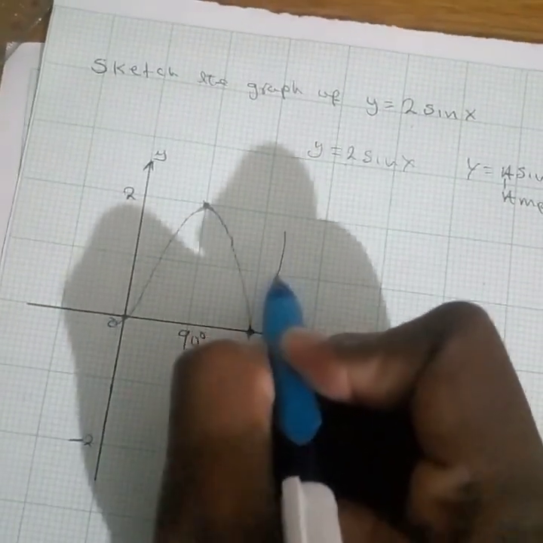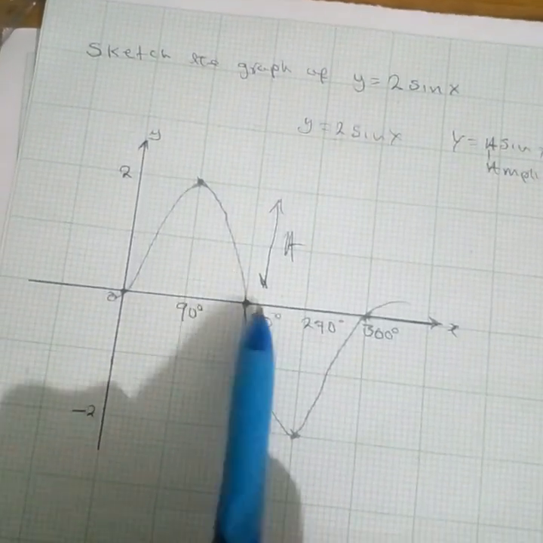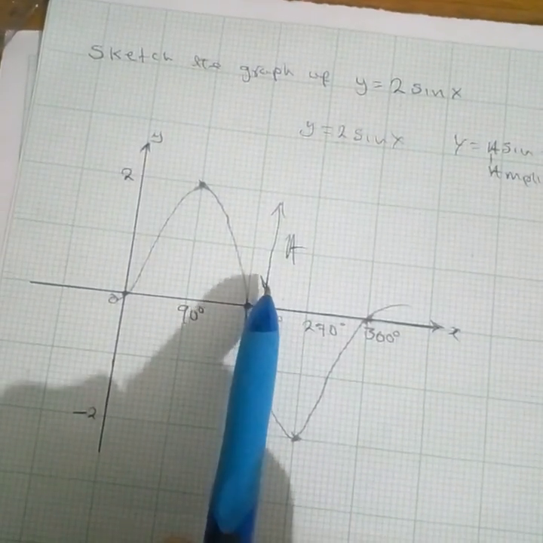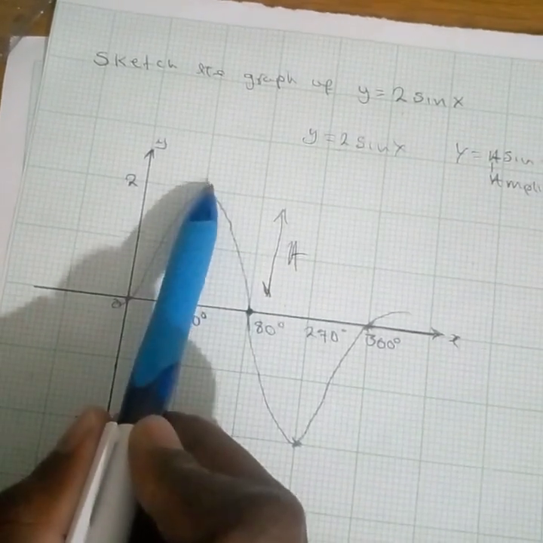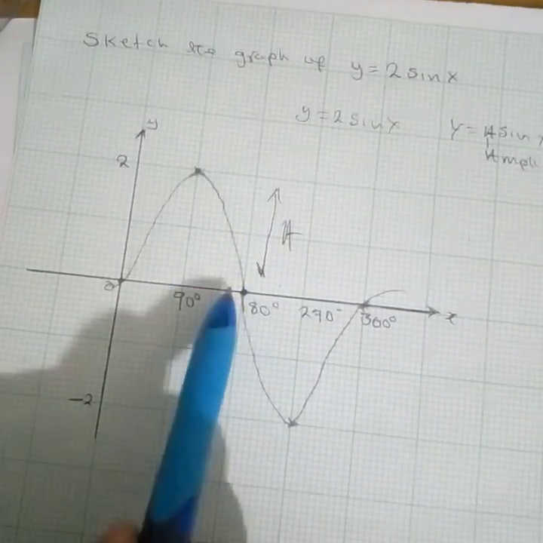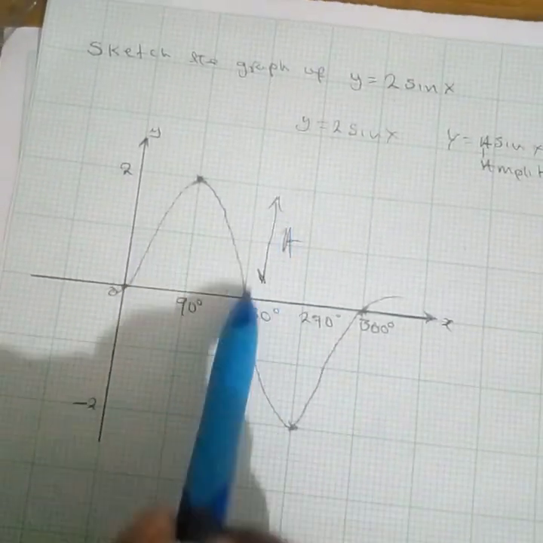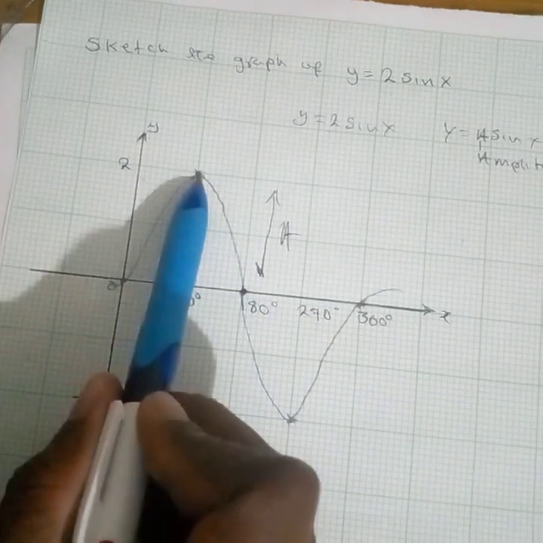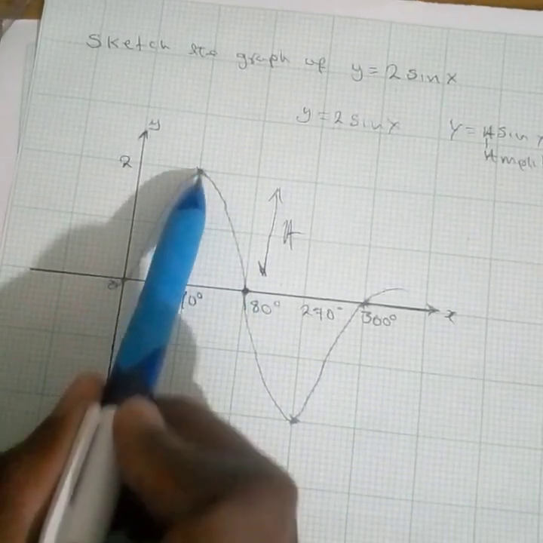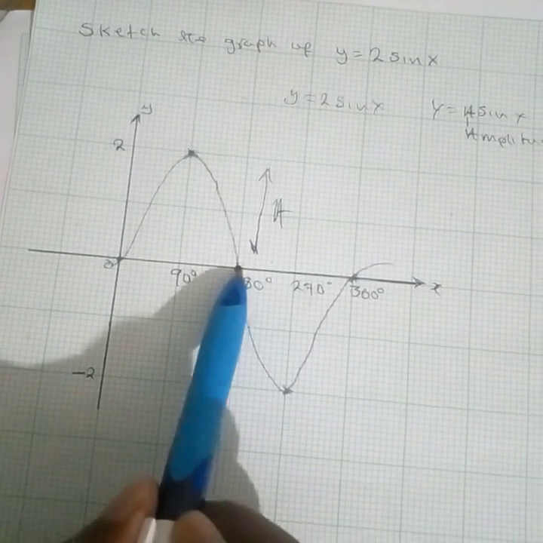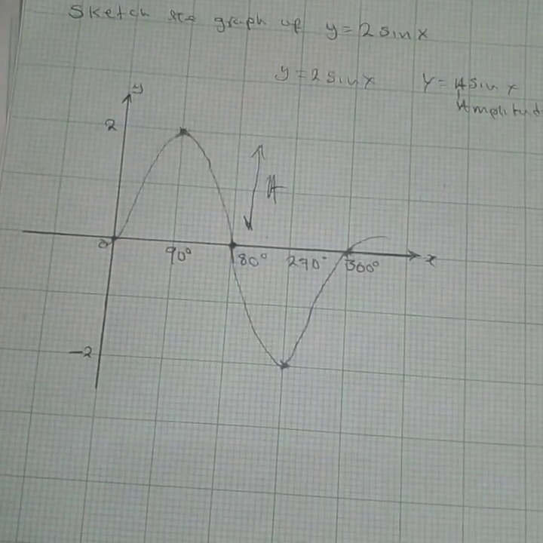We define the amplitude as half the distance between the highest point and the lowest point of the curve. So this is how you draw this graph.